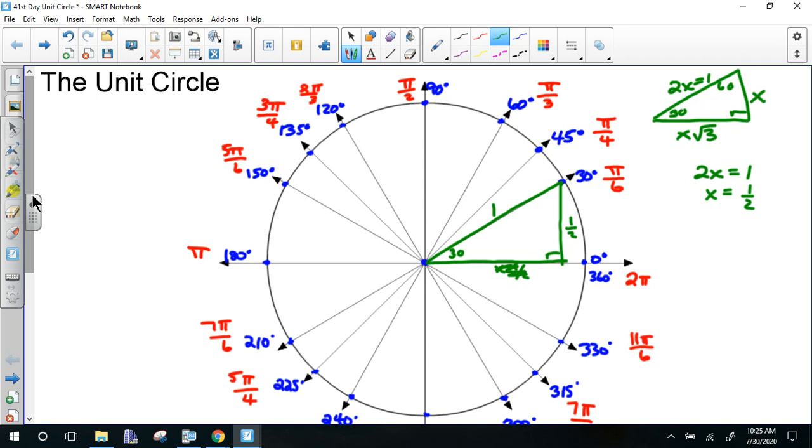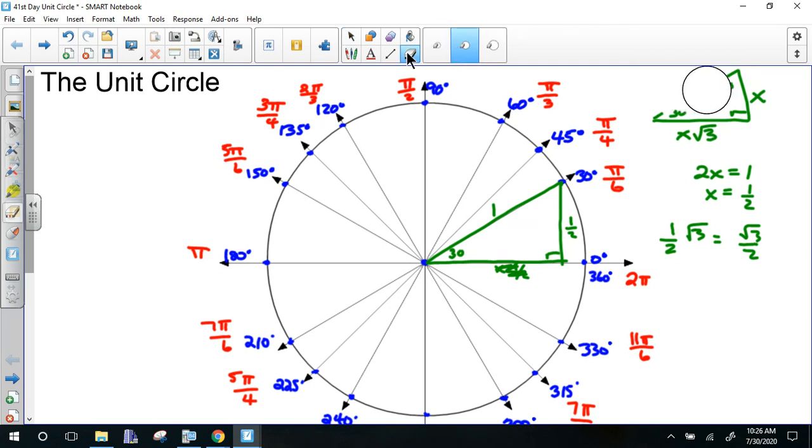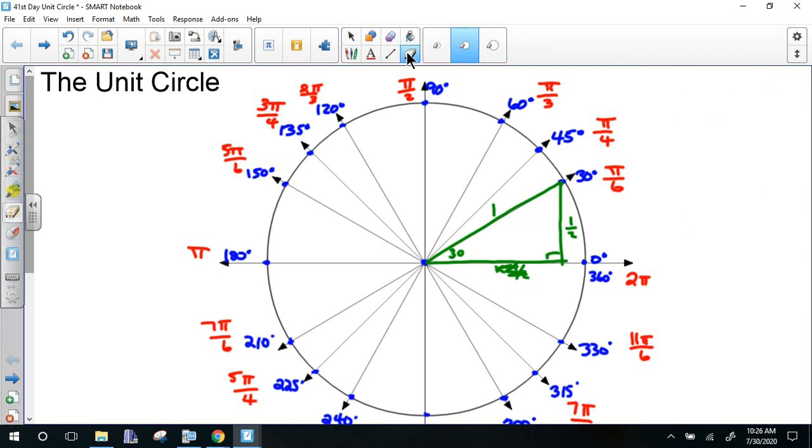The y distance is going to be x times square root of 3. 1/2 times square root of 3 is square root of 3 over 2. So that's how we get our distances. Okay. So I'm going to make some room here.